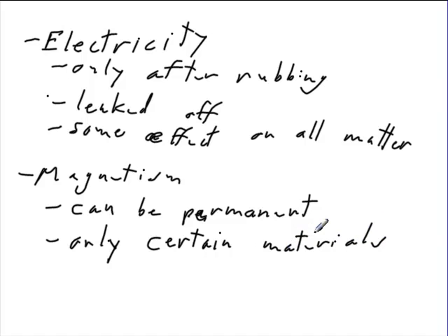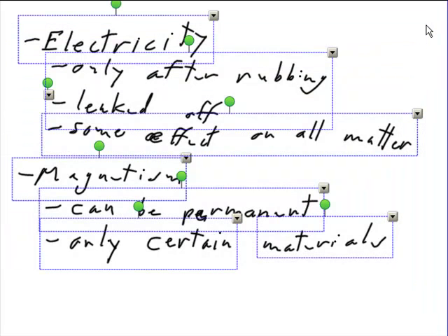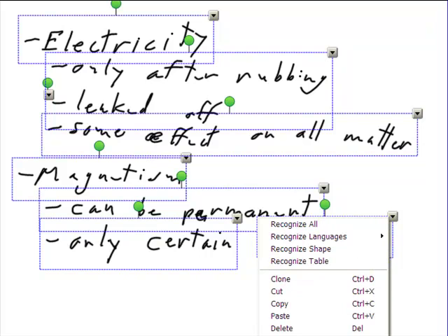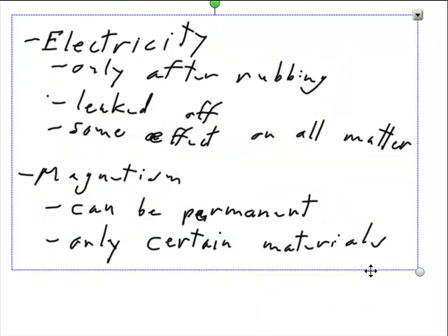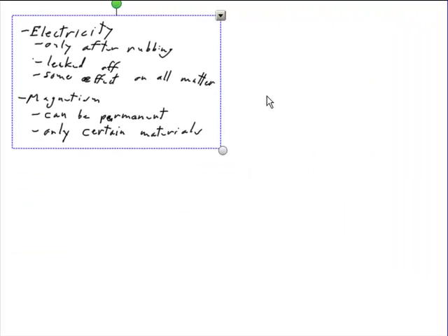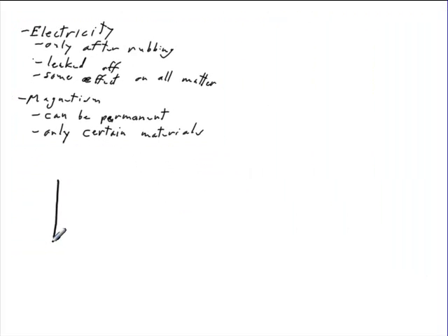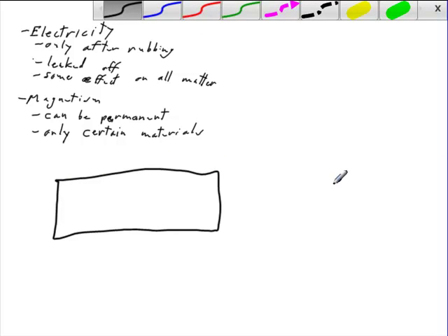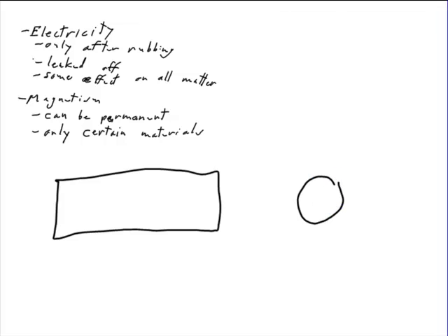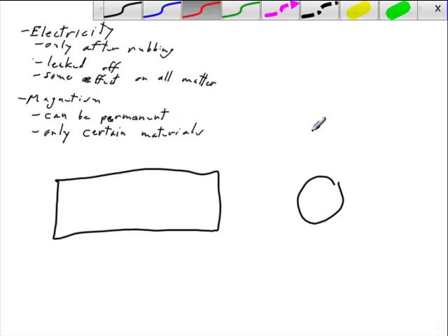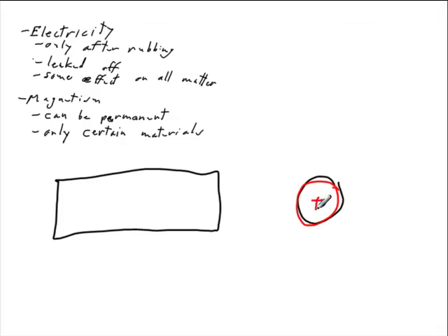And last and perhaps most importantly, what happens if we stick a charge in a magnetic field or near a magnet? So if I have a magnet here and I put a charge, if this charge is sitting still, I don't see any force at all.